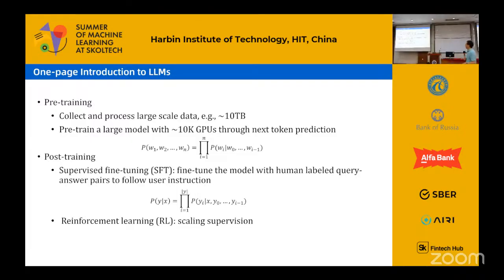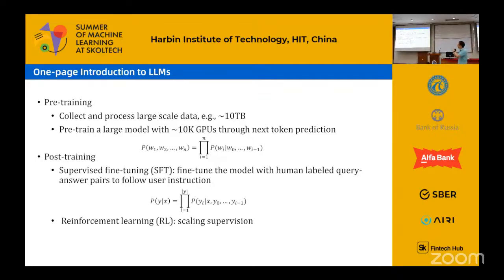By scaling supervision, I mean that reinforcement learning can leverage more lightweight supervision, so it's easy to collect large-scale supervision compared with supervised fine-tuning. For example, for supervised fine-tuning, if I write a question like what's the best place to visit in Harbin, you need to write a long answer.